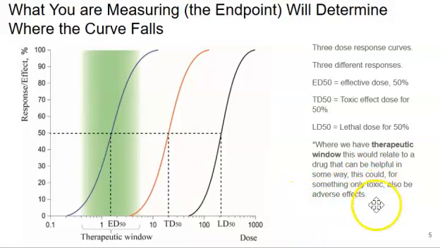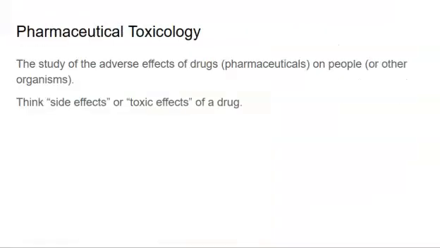So the therapeutic window is going to fall in this range. It's going to be between the effective dose and the toxic dose. And the bigger the therapeutic window, the safer the drug, because ideally we would want to have these curves as separated as possible.